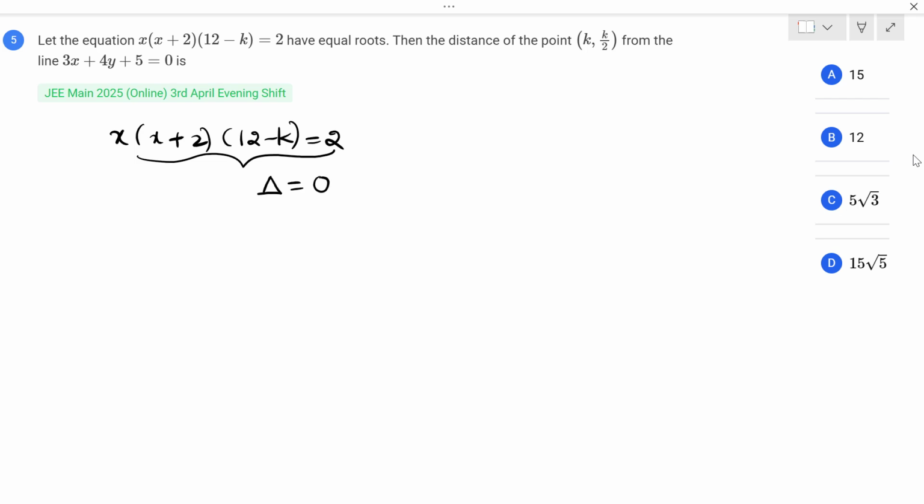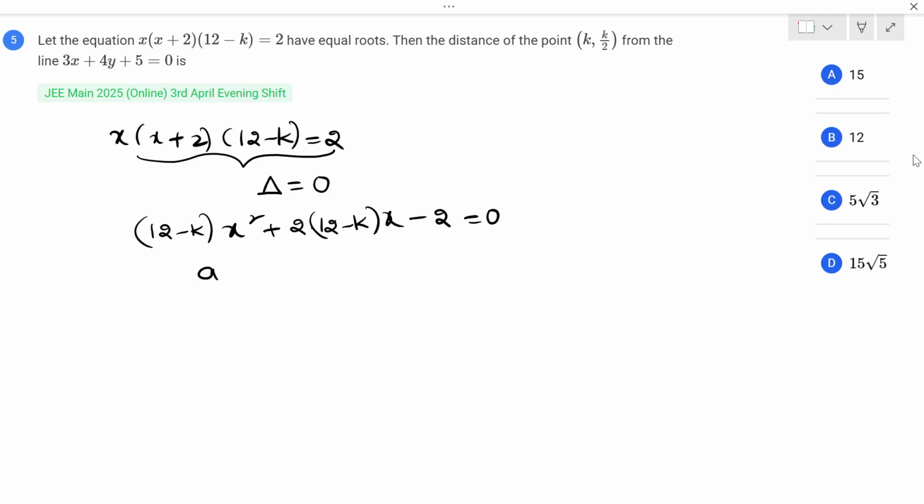Discriminant equal to 0. First, let me expand the quadratic equation, that is 12 minus k into x square plus 2 into 12 minus k into x, and on the right hand side there is a 2, bring it to the left side, this is minus 2 is equal to 0.